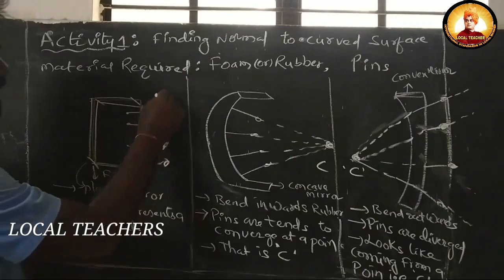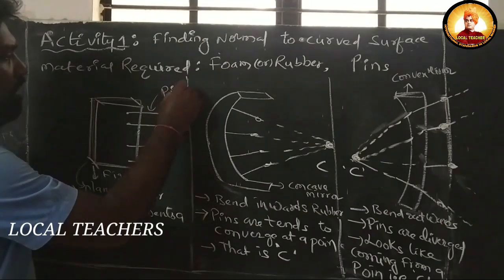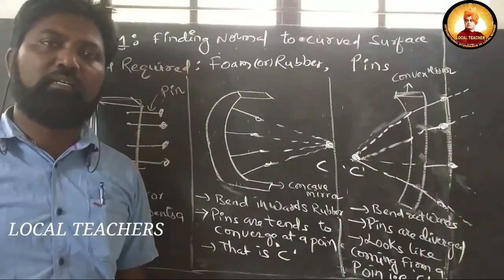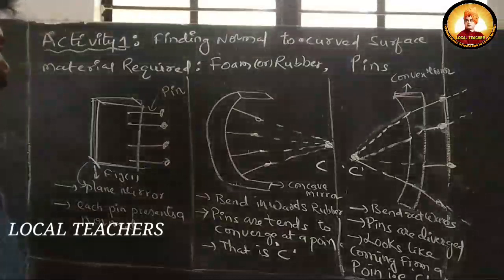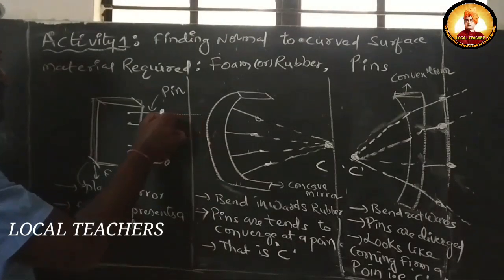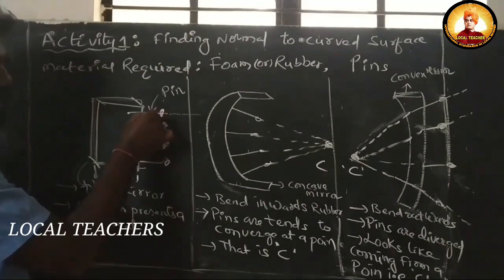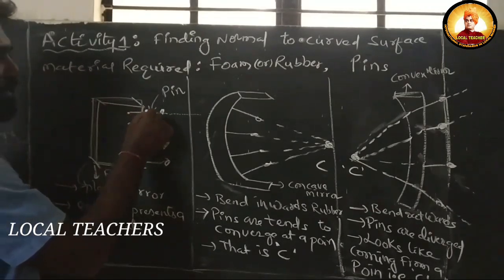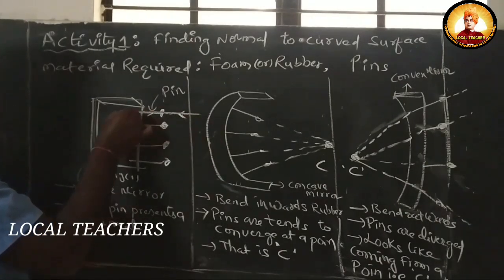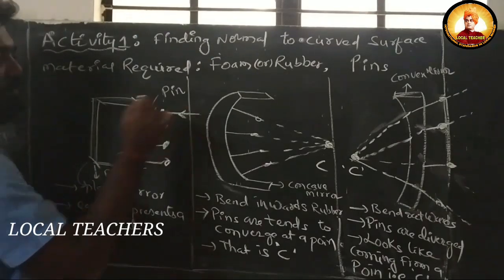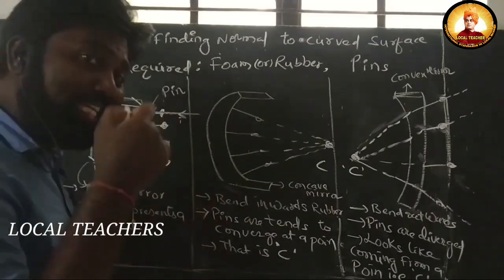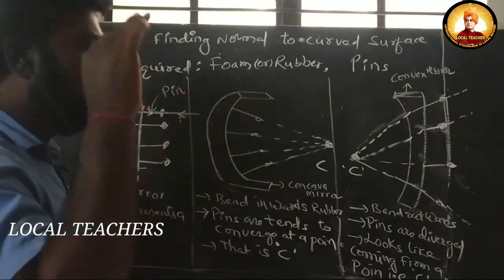Here each pin represents a normal to the surface. When the light comes in this direction, following along the pin, it will return in the same direction. In which path it is incident, in the same path it will return.